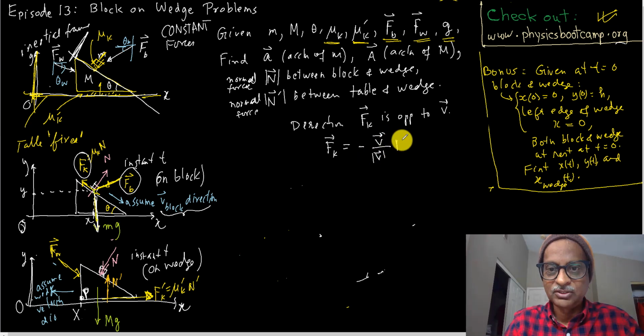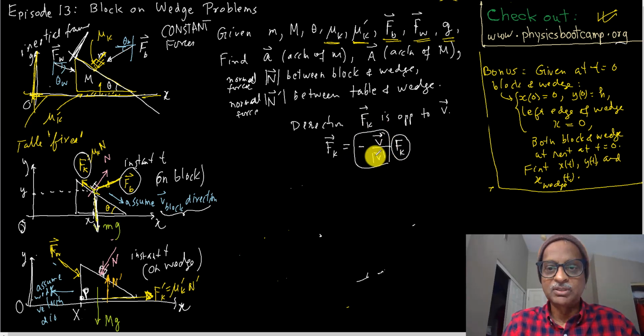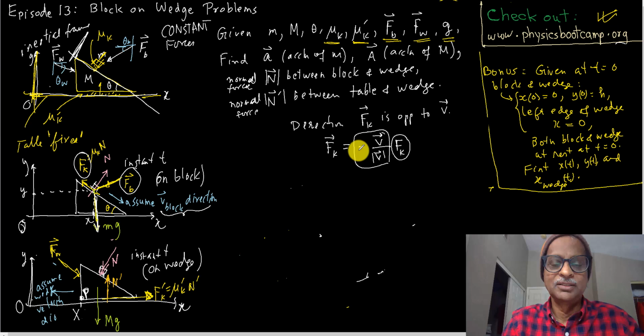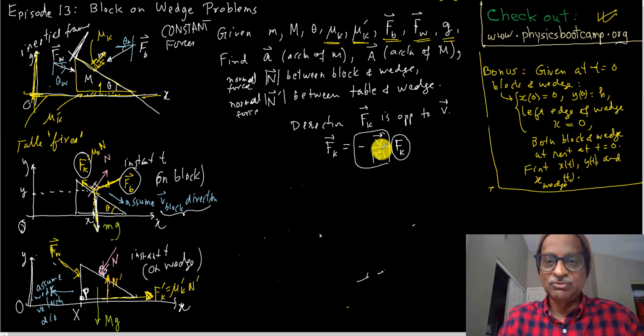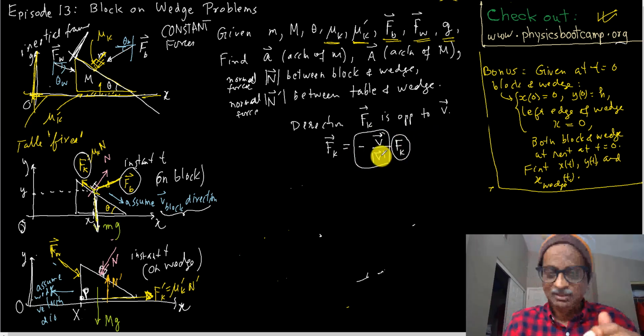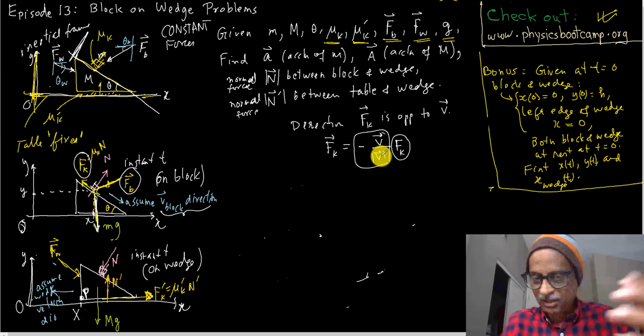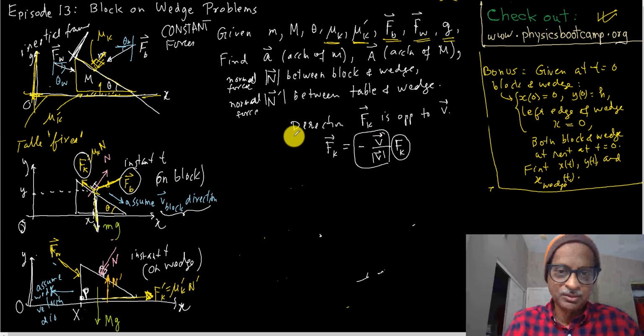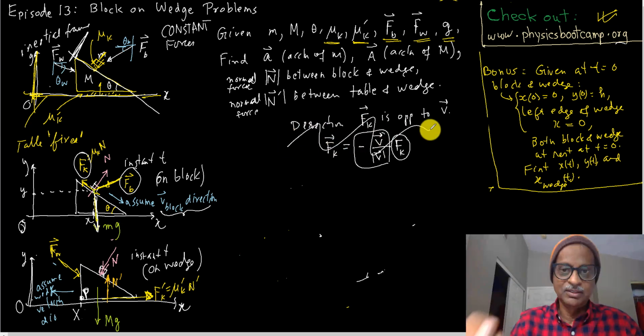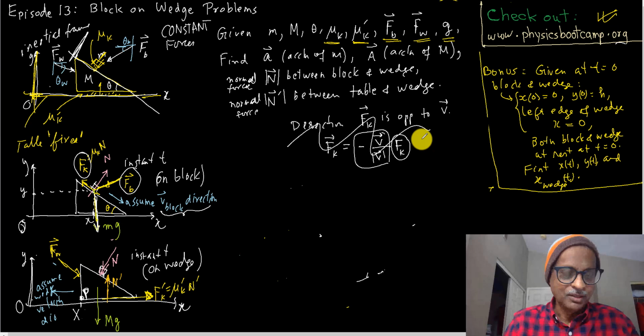So that's the direction times Fk. It will have a magnitude Fk, and the direction will be opposite the direction of the velocity. We're not going to use this, but this is just one way to write it analytically, and it turns out to be conceptually good, but not calculationally good. So we're not going to use this, although that is the law. All right.